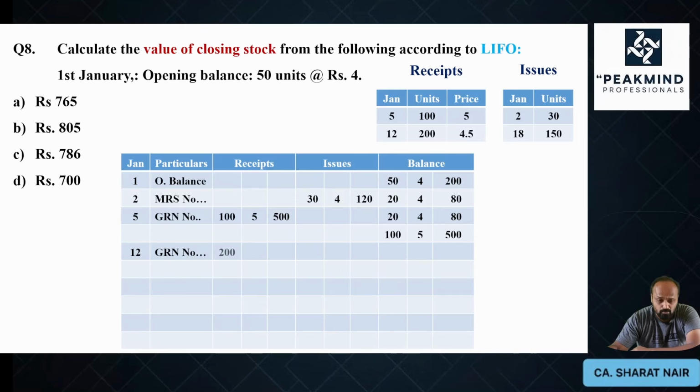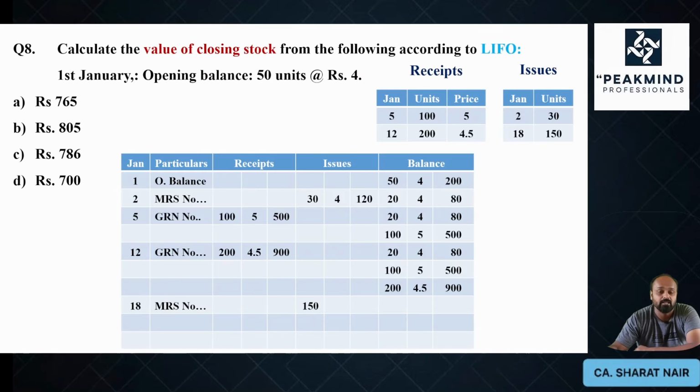Going further, now the goods receipt note for the third issue, which is a third item coming to the godown, the 4.5 rupees item. Now I have 3 rate items in my godown. Now comes the difference, which is the material requisition slip on the 18th. Now I need 150 items, which will be entirely taken from the latest purchase, which is 200 at the rate of 4.5.